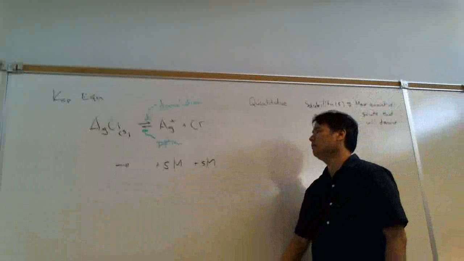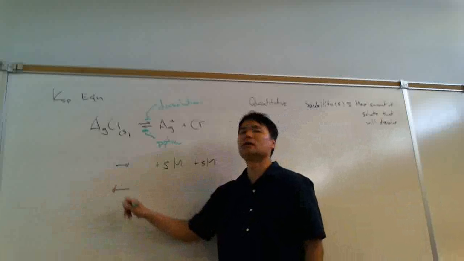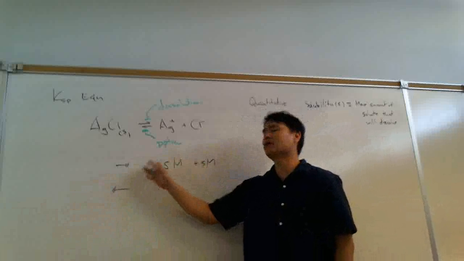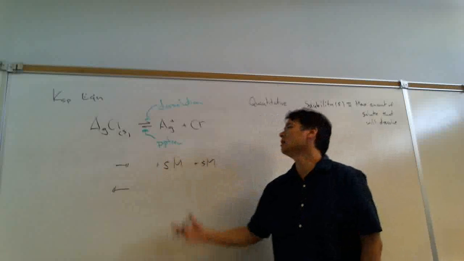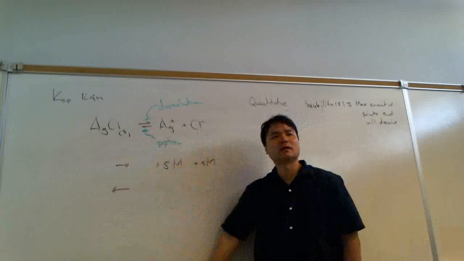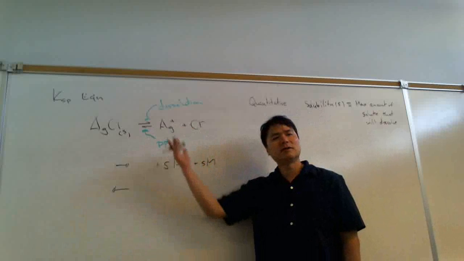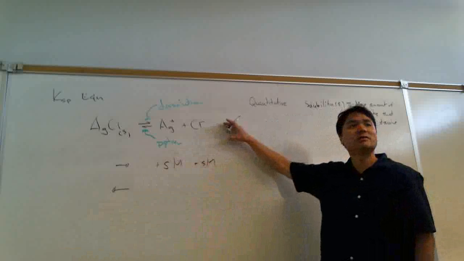When we're dealing with precipitations, we're going backwards here, and we don't care if we go backwards or forwards because it doesn't really matter, right? It's better not to flip the equation, because if you flip the equation, what do you have to do with K? When you flip the equation, can you use the same K value?